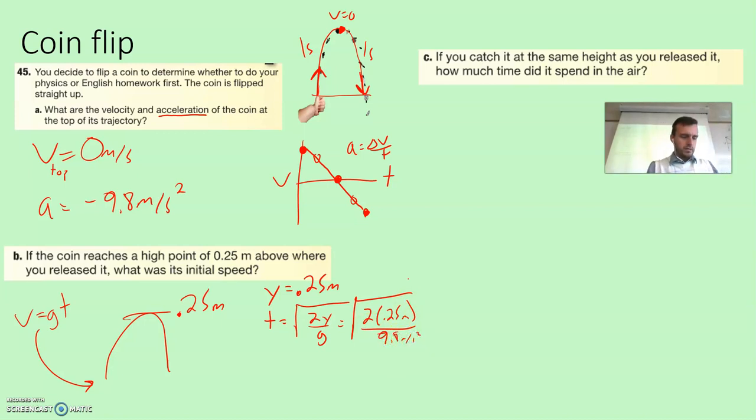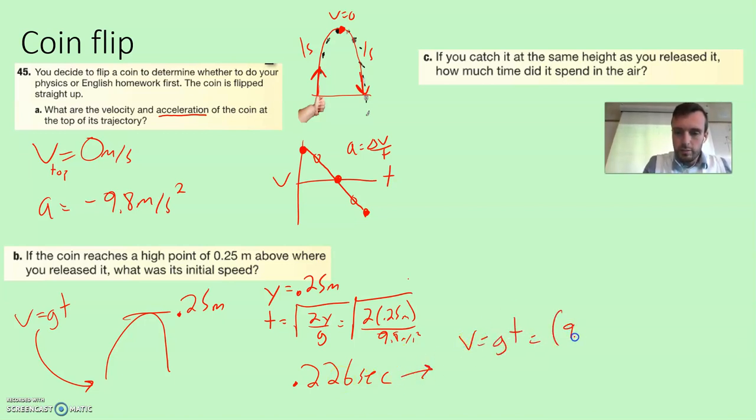Let's take a look at that one. We got square root of 2 times 0.25 over 9.8. That's looking like 0.226 seconds. But the question didn't ask me for time, it asked me for velocity, so v equals gt.